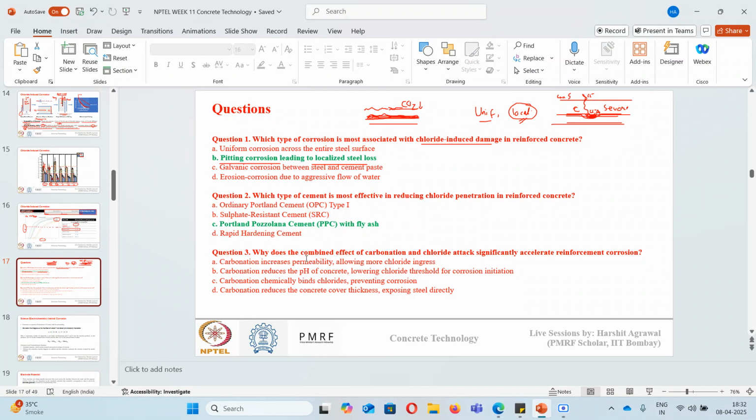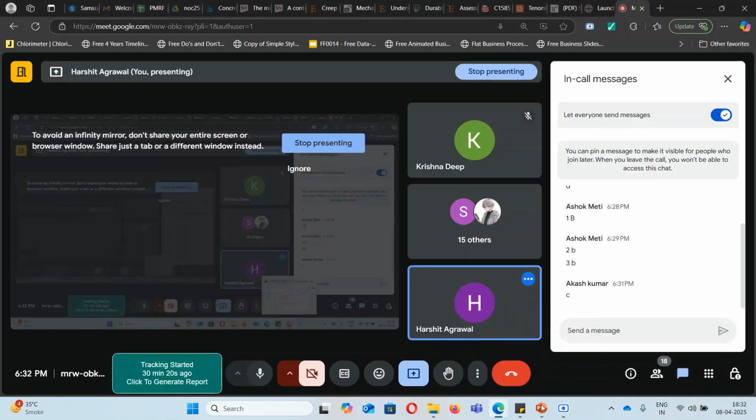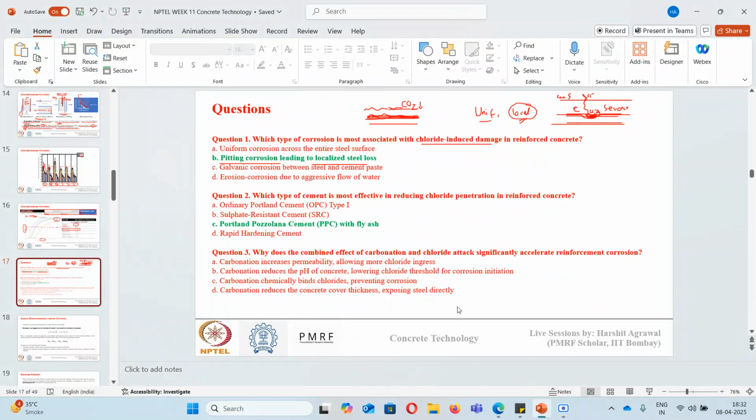For the third question, why does the combined effect of carbonation and chloride attack significantly accelerate the reinforcement corrosion? Can anyone tell me the answer? You have seen this discussion just one question ago. I have seen two answers. Can anyone else also try?